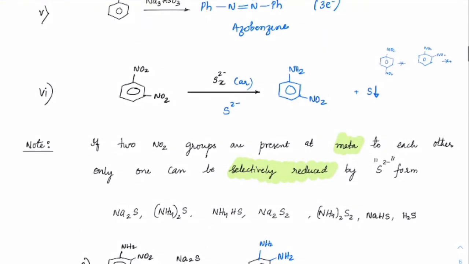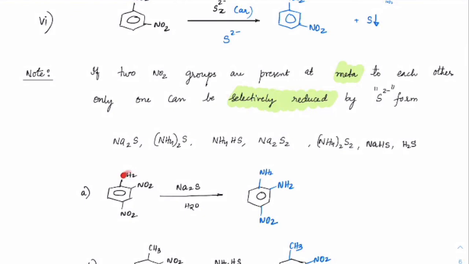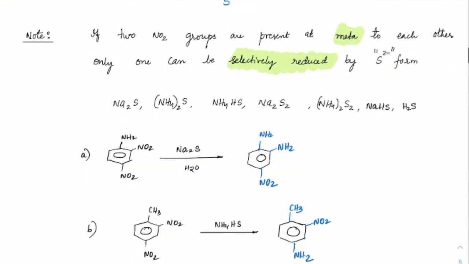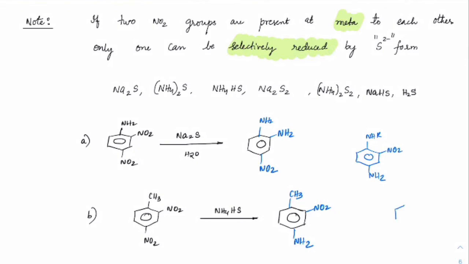Either no donating groups, or if donating groups are given, NH2, and one more group is there. In case you have NHR, where any R group is present like this, then it will be reduced at the para position. If you have two R groups, NR2, NO2, then also it will reduce at the para position.